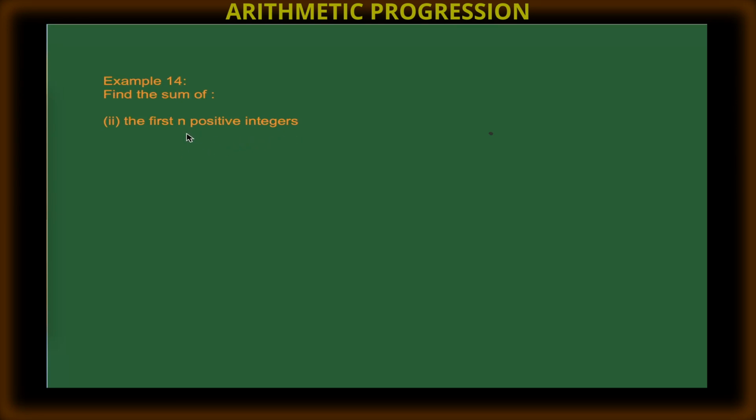Here everything is similar, but the nth term is not given, so n is not known. So we can put our formula Sn equal to n by 2 into 2a plus n minus 1 into d. Yes, we have d.